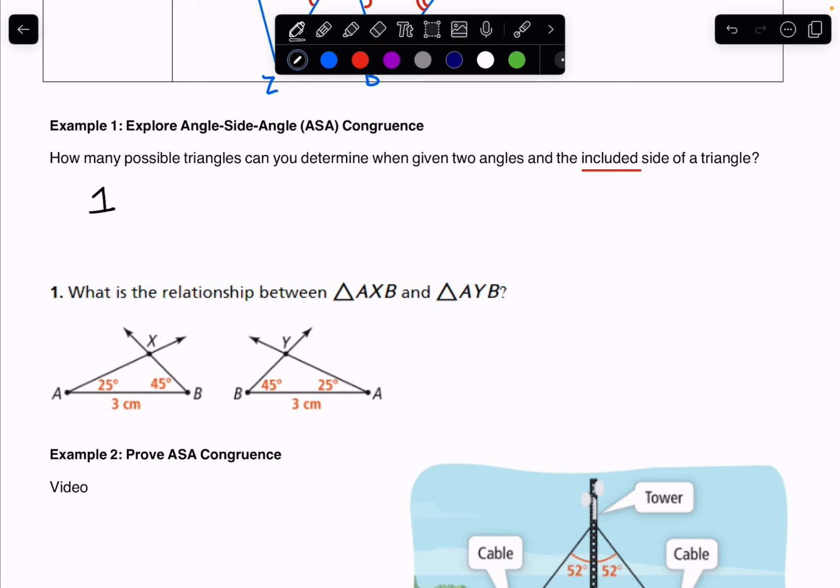What is the relationship between triangle AXB and AYB? Well, they've got an angle, a side, and an angle that are congruent to one another, which means that they are congruent by angle, side, angle. Nothing too crazy there because we already kind of took a look at it.